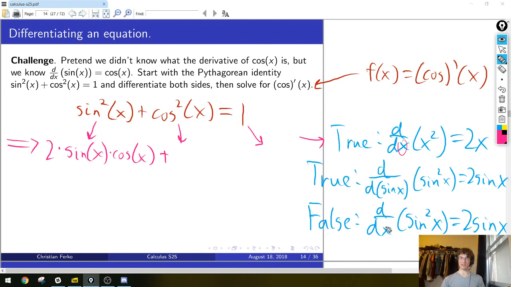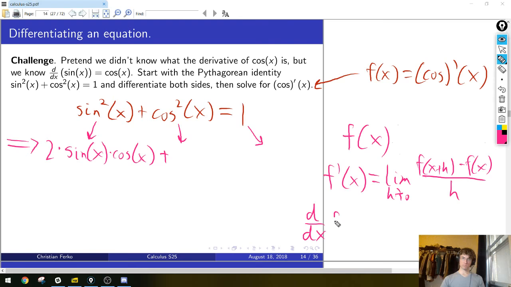So f of x is a function of x, then f prime of x in the Newton notation is, of course, the limit as h goes to 0 of f of x plus h minus f of x over h. And then Leibniz says, here is my notation. Use d/dx of f to be, I put three bars for a definition, we define this to be the same as f prime of x.